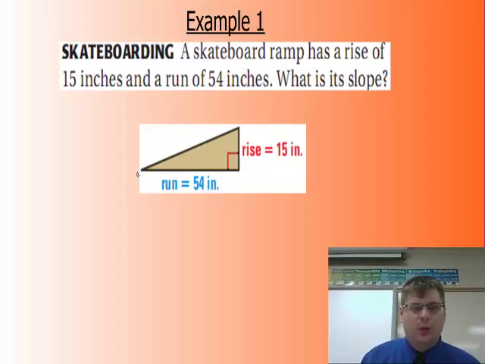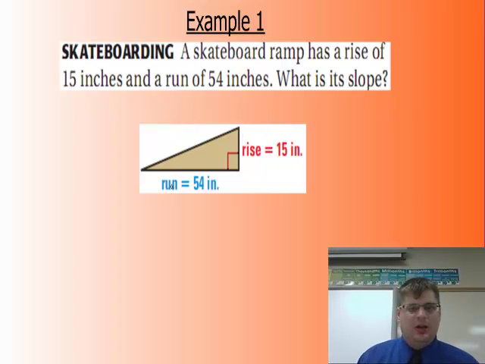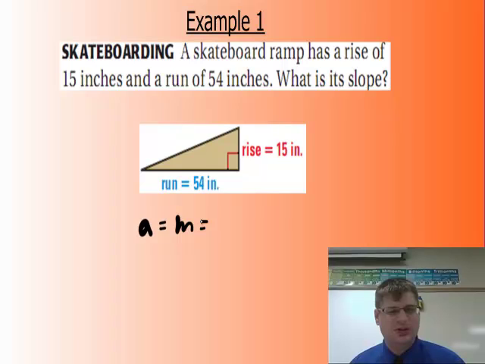Our ramp, which looks remarkably like a right triangle, goes up 15 inches in the air and runs along the ground 54 inches. So if I want to find the slope, a or m, I like to use a, which is probably the preferable variable for slope.